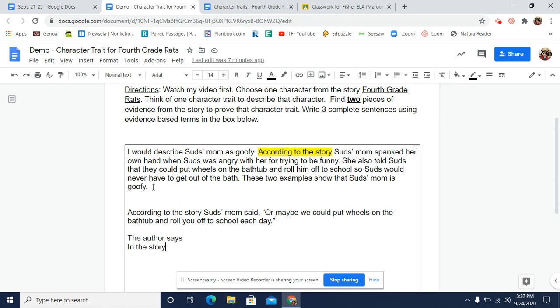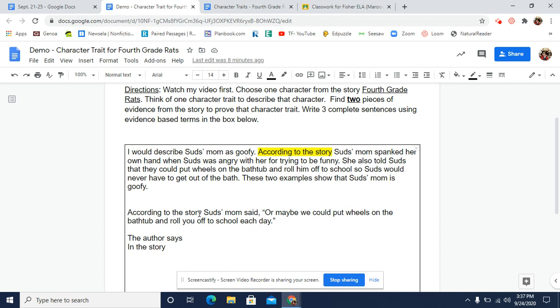Then using the evidence-based terms, either say according to the story or say the author says, or say in the story it says, something like that. Okay. And then tell me. Now, in my paragraph up here, I used actions for both. But then down here, I gave an example of how you could use dialogue.